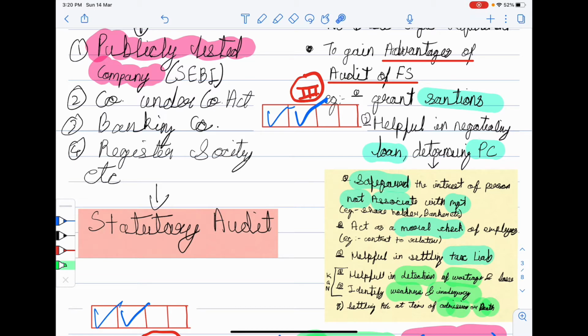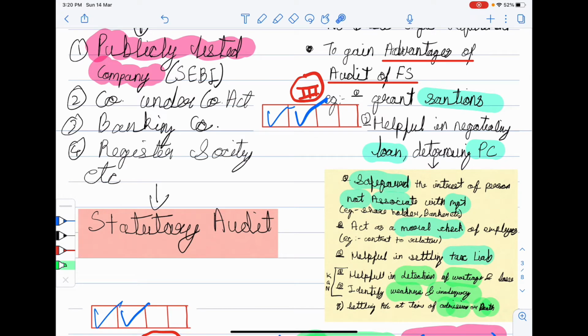But we can't trust them so easily, so we appoint an auditor. An auditor audits all the transactions and says whether the transactions are true and fair. So it safeguards the interest of persons not associated with the management, for example shareholders and bankers.